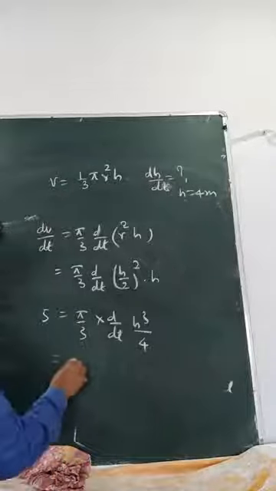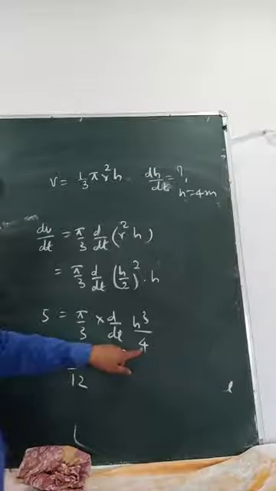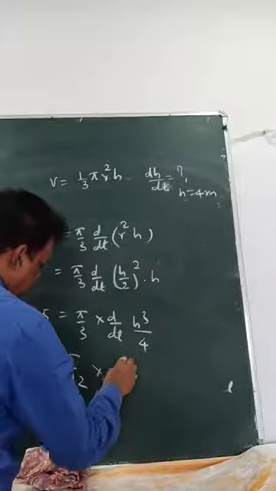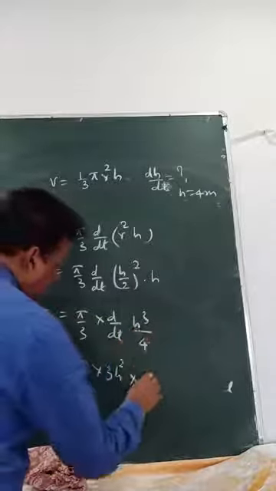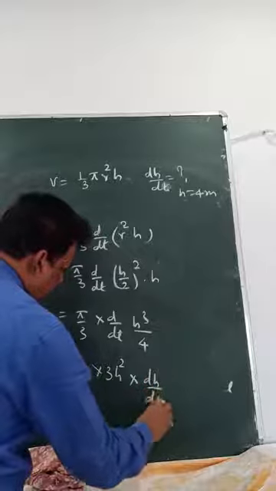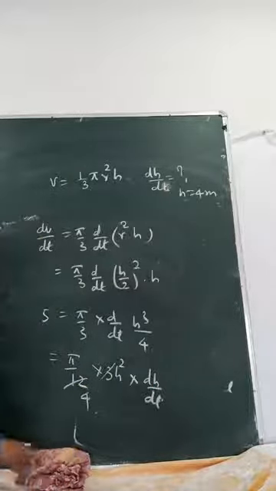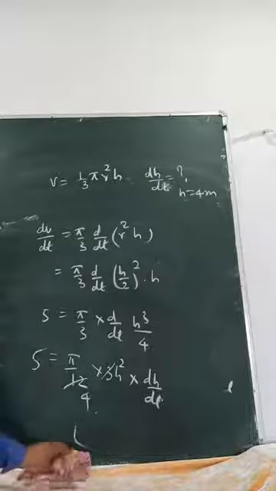So I can take pi by 12, this 4 will come here. Derivative of H cube is 3H square, again times dH by dt. So I can cancel the 4.